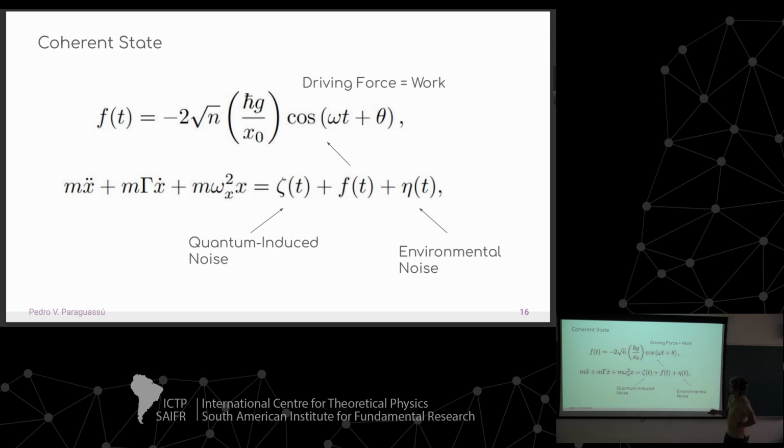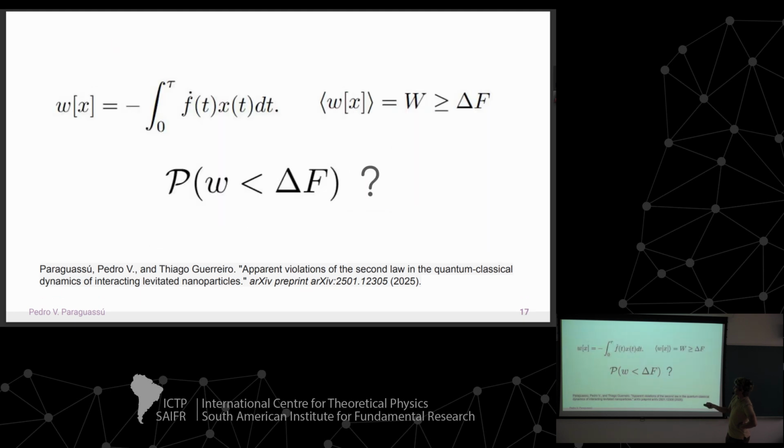Since I have a work and a coherent state, the system is stochastic, so why not ask some questions about this work? Well, you know that the average of this stochastic work obeys the second law, it is greater than the equilibrium free energy, and we can ask about the probability to violate the average bound.